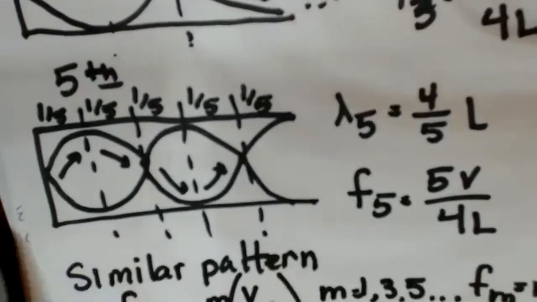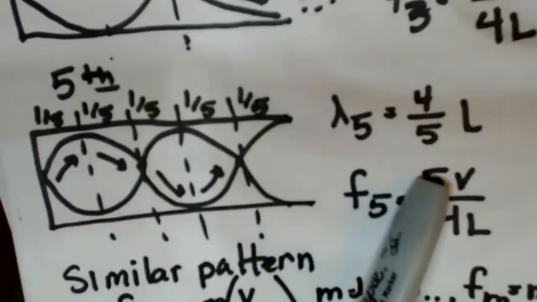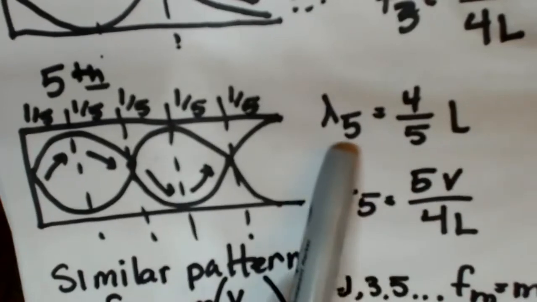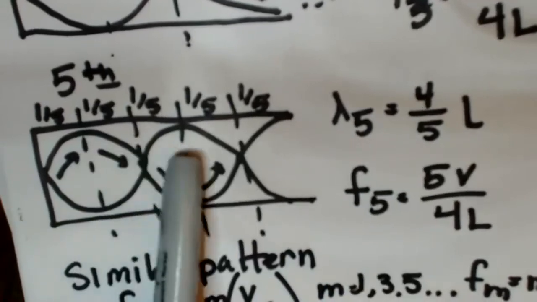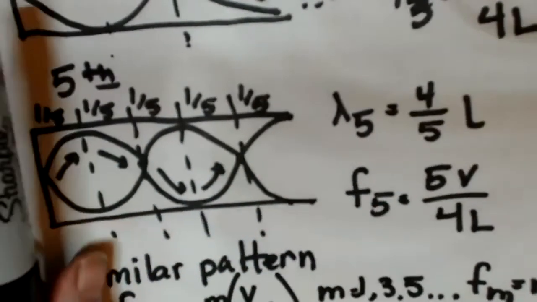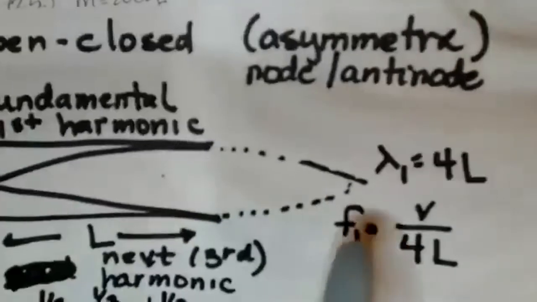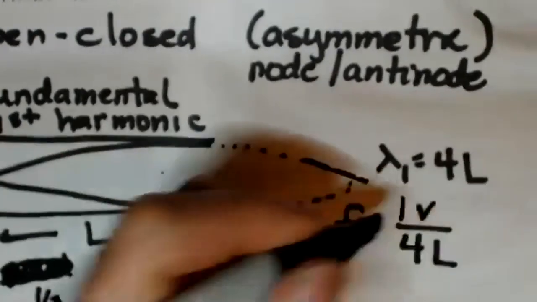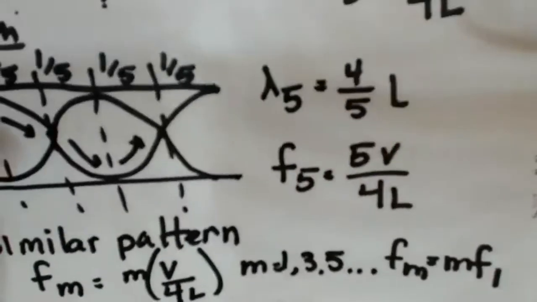Same thing for 5. Your next simplest one is 2.5. If you look at the drawing and satisfy yourself, the wavelength here will be 4/5 L. So each one of these is a fifth. So F5 is 5V over 4L. So there's 1V over 4L, 3V over 4L, 5V over 4L.